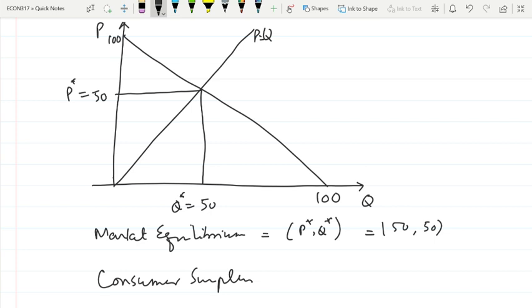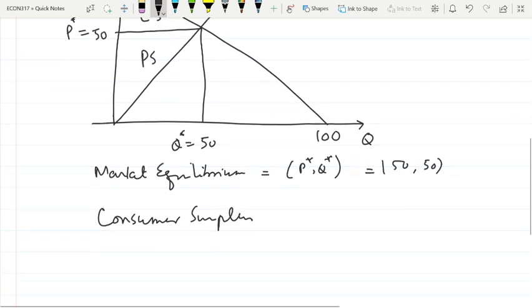In this graph, the consumer surplus is the triangle which is above the equilibrium price, and the producer surplus is the triangle area below the equilibrium price.